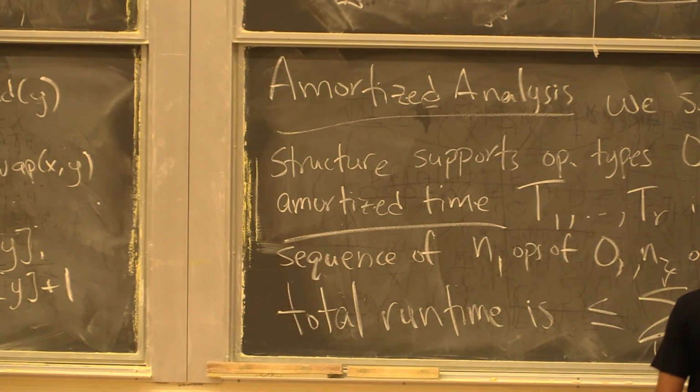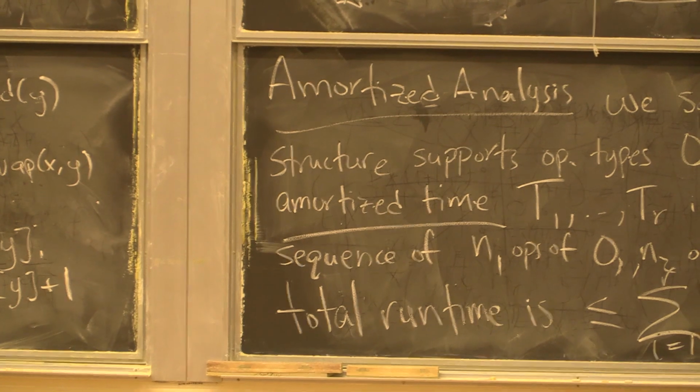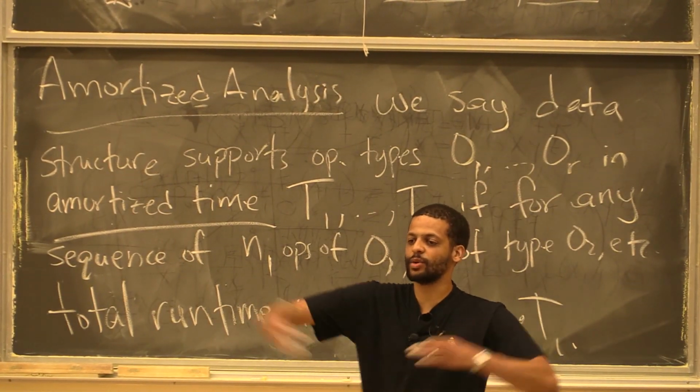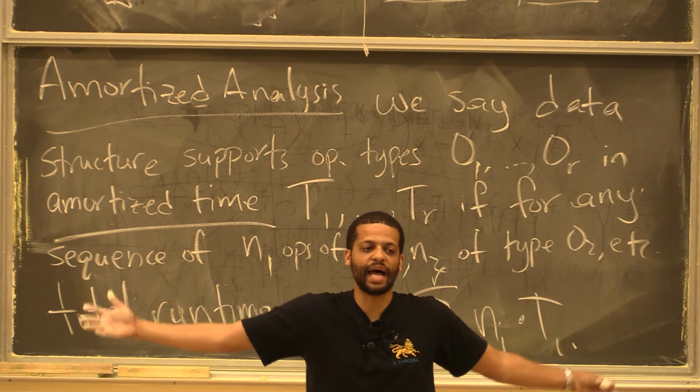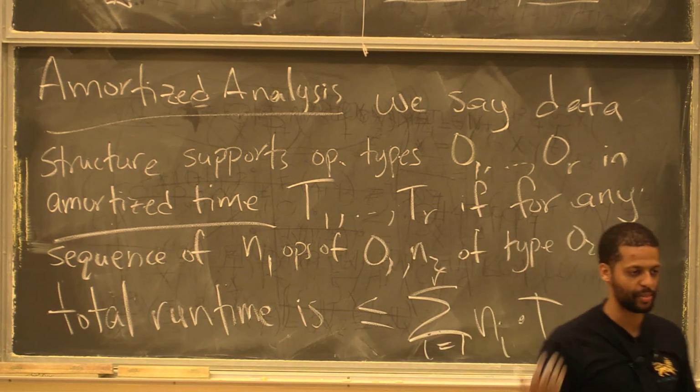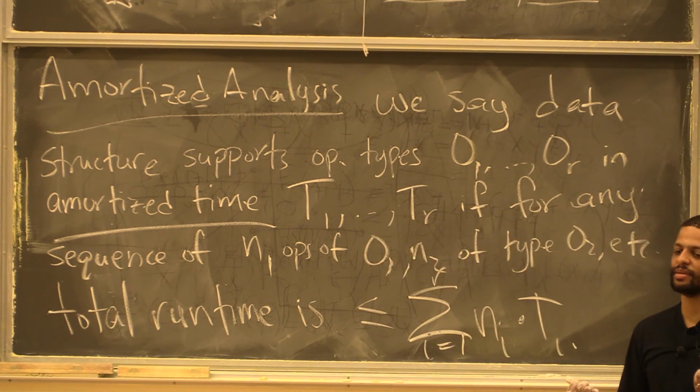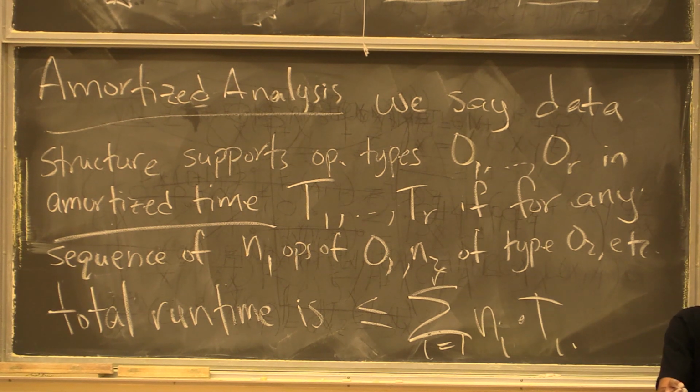When I say that the amortized time is small, it only means that over a sequence of operations, the total aggregate time of doing all the operations is small. It doesn't necessarily mean that any individual operation is fast, right?